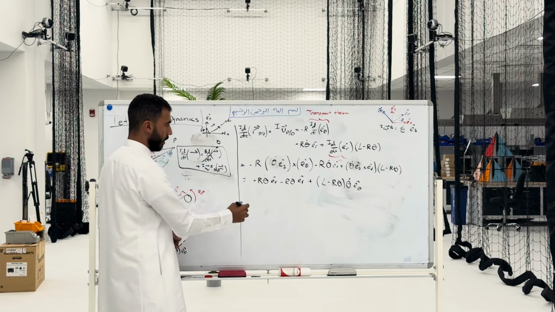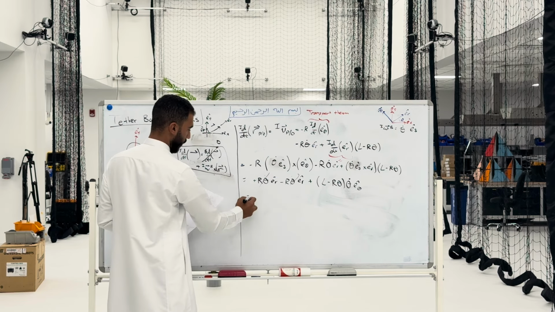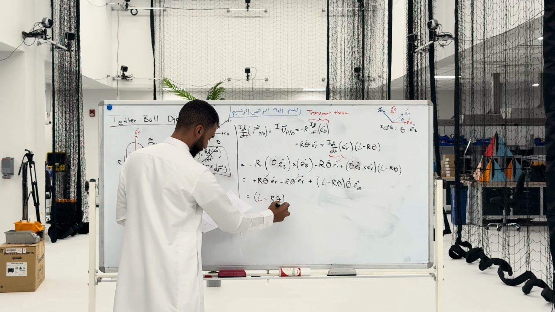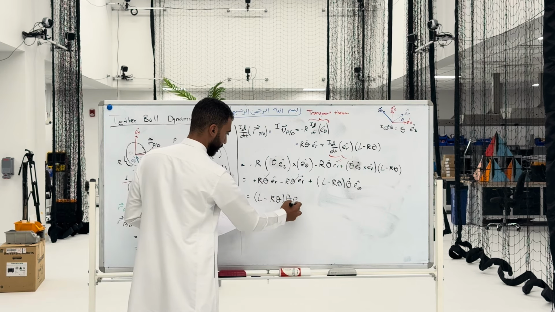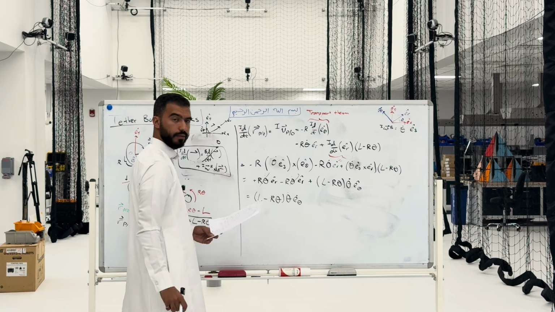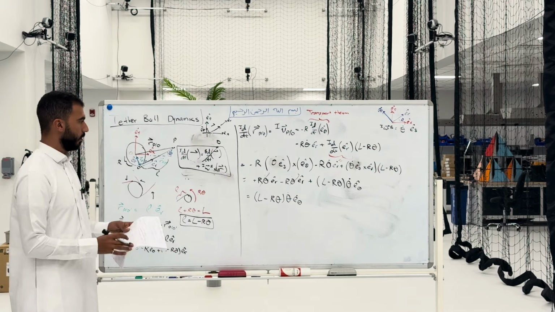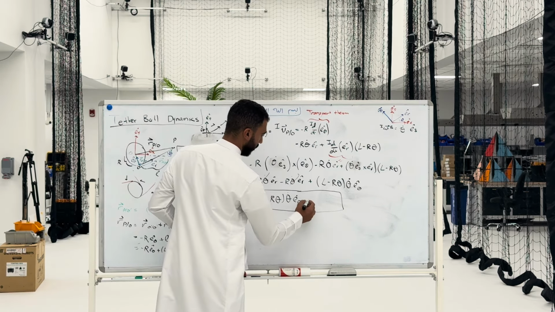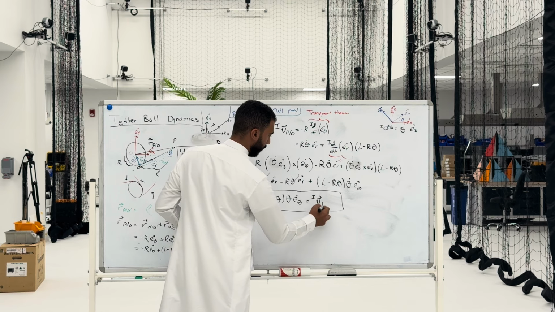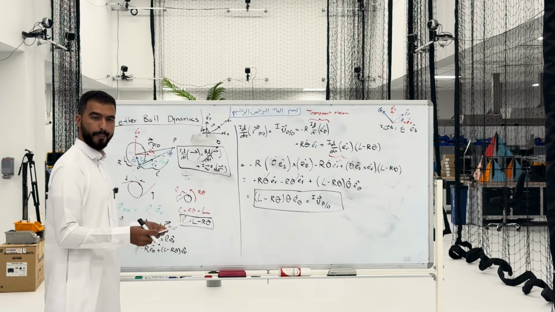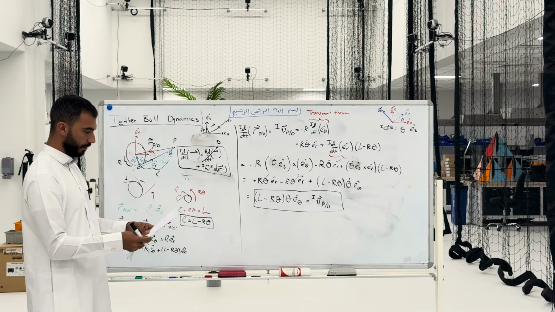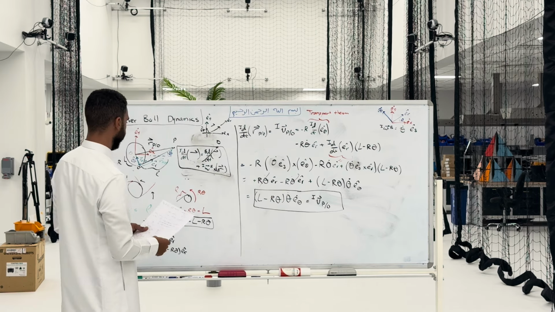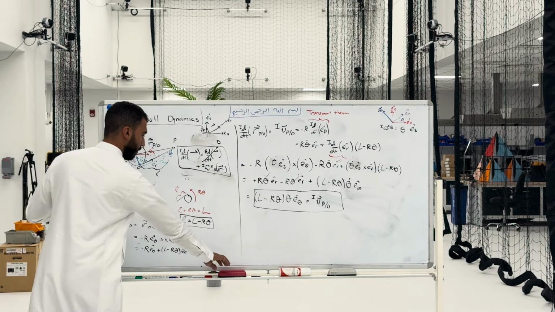These two will cancel, luckily. So we're left with L minus R theta theta dot E theta. So now we have an expression for the velocity. This is the inertial velocity of P with respect to O. We need a bigger board, but let's erase this now.